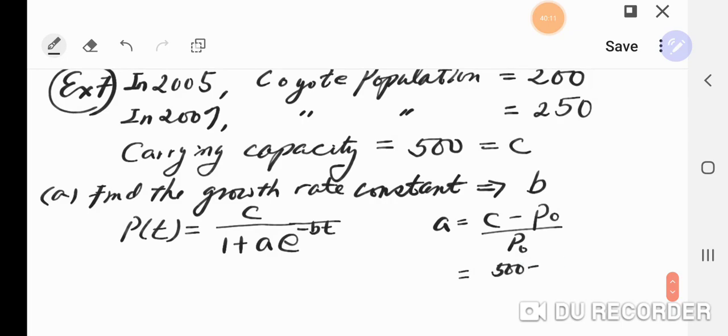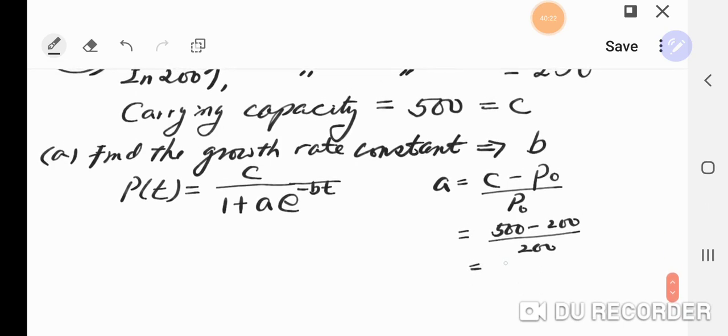P0, the initial population, was 200, divided by 200. Then this is equal to 300 over 200. So that is 1.5. So the A value is 1.5.